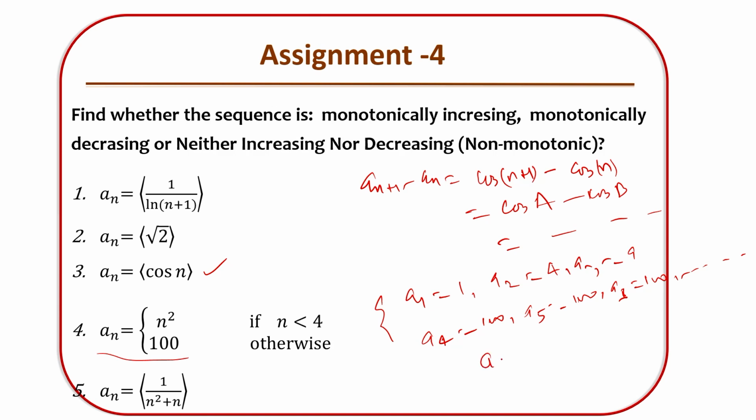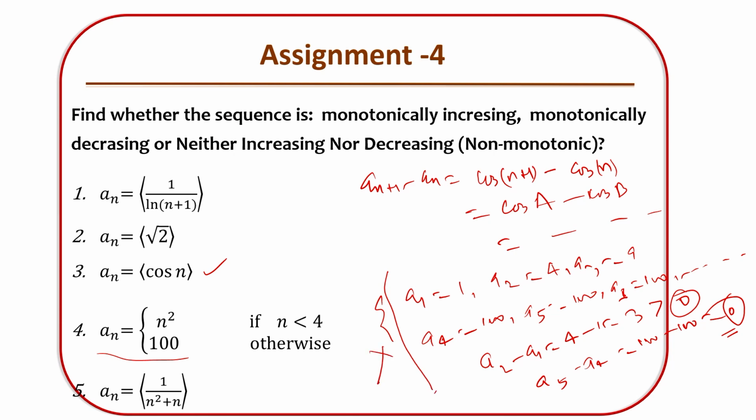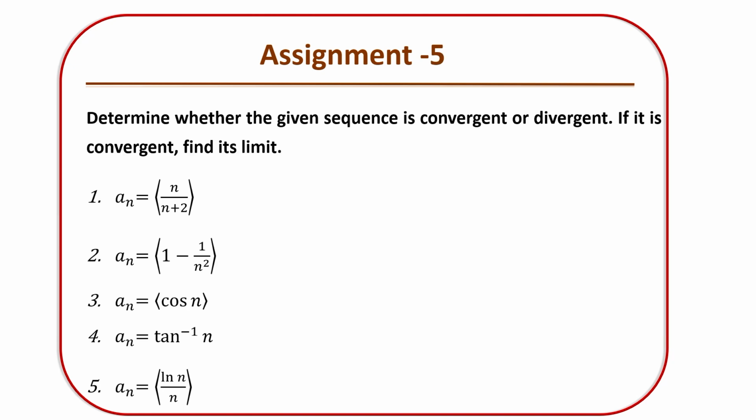Take a2 minus a1, which is equal to 4 minus 1 equal to 3, which is greater than 0, which is quite good. But a5 minus a4 is equal to 100 minus 100 is equal to 0. So it is not greater than 0, not less than 0, but equal to 0. So that's why such a sequence will not give you any conclusion, or you cannot conclude that this sequence is monotone increasing or decreasing. So in this case, we call such a sequence a non-monotonic sequence.